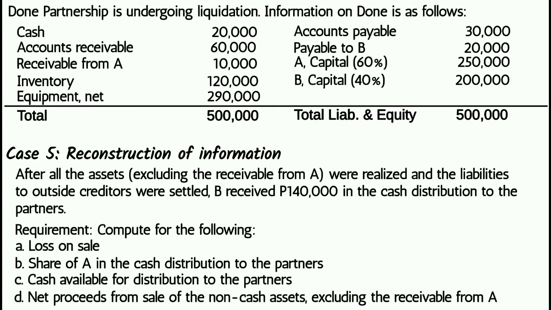Requirement, compute for the following: A, loss on sale; B, share of A in the cash distribution to the partners; C, cash available for distribution to the partners; and D, net proceeds from sale of the non-cash assets, excluding the receivable from A.